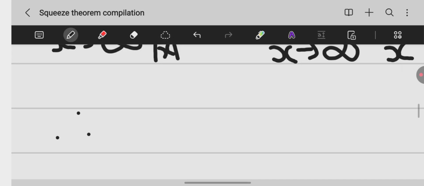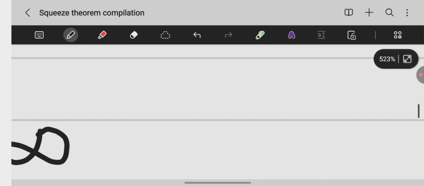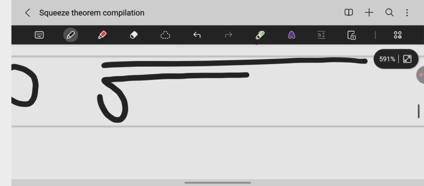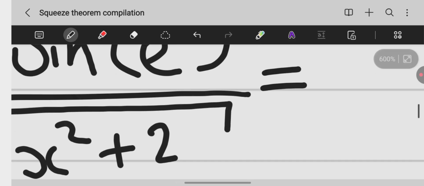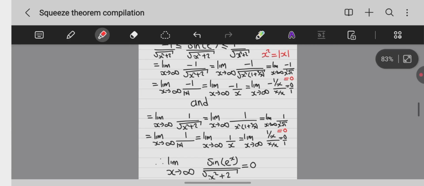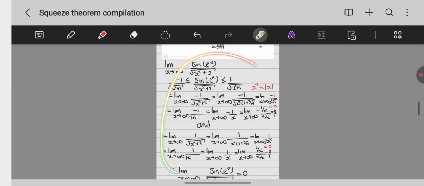So by default, the limit as x approaches infinity of sine e to the x over x squared plus 2 is also equal to 0. And that's really because we got a 0 here and a 0 there, and by default you would have a 0. And for 3 marks, I think you would be expected to do all of this.